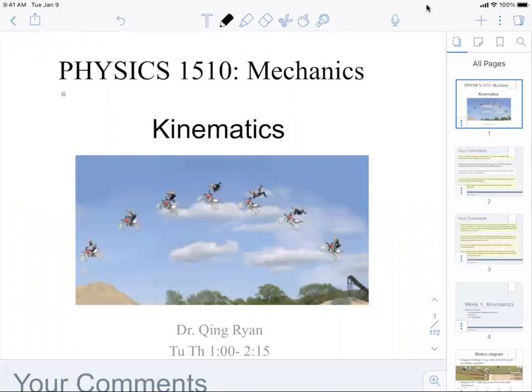Graphical representation is a different kind of representation. So we will begin with the definition of these quantities, and we look at the relationship of these quantities using equations, and then we will look at a different kind of representation using graphs. So it's very common that you find it confusing. And don't worry about it, we will go through that in class.